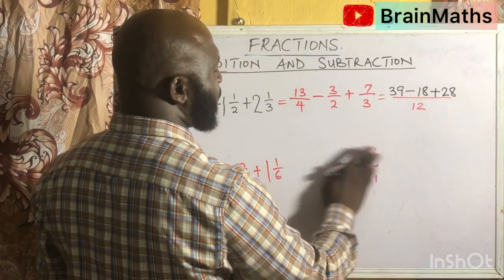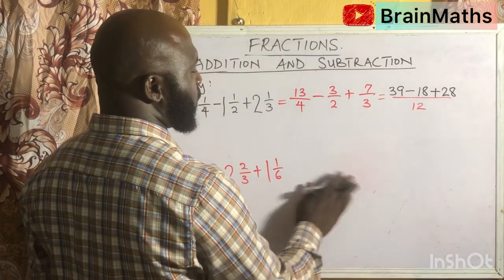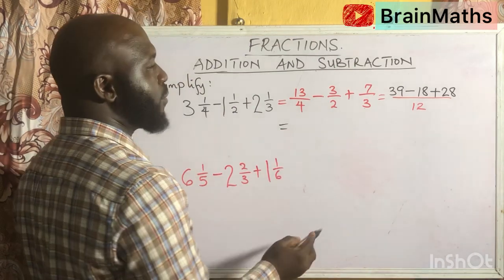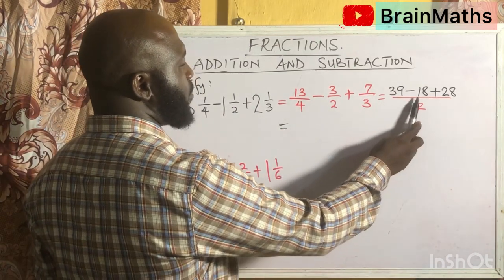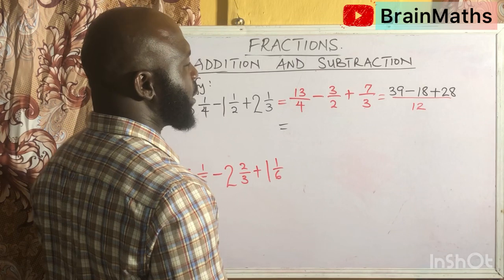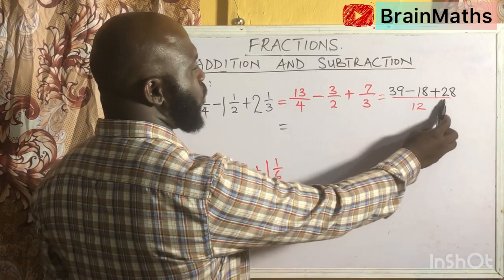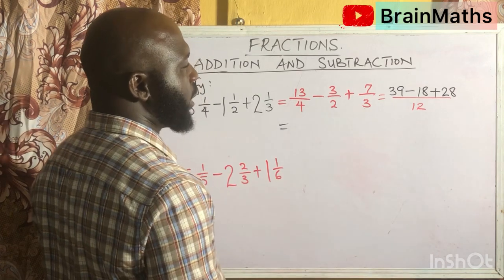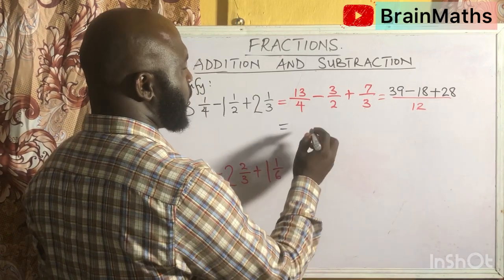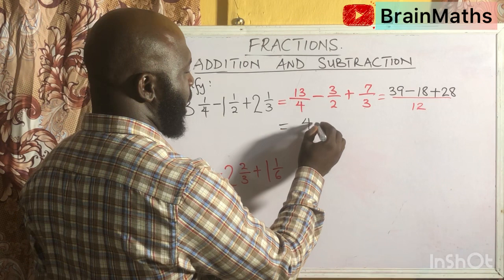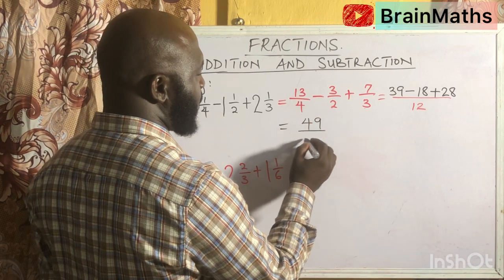So we need to add and subtract all these numbers. So we have 39 minus 18. That is going to give us 21, and 21 plus 28, that will give us 49 divided by 12.